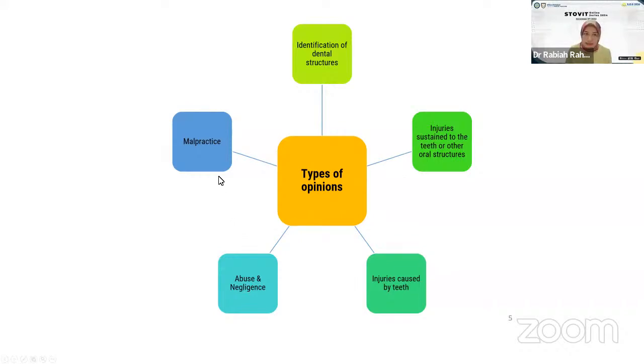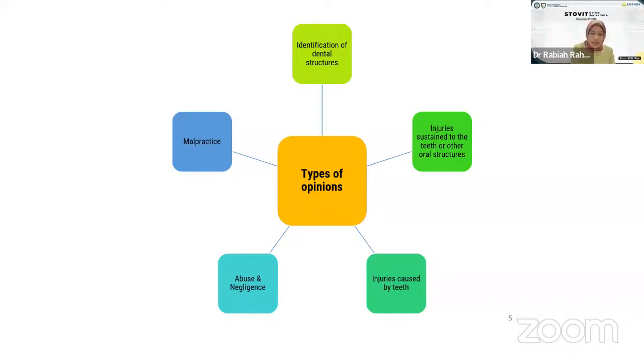not malpractice. But for malpractice, I can give an example now, which is if, in certain countries, for example, they do have dental insurance. So what happens sometimes is either the patients or the dentist will make a false claim to the insurance.